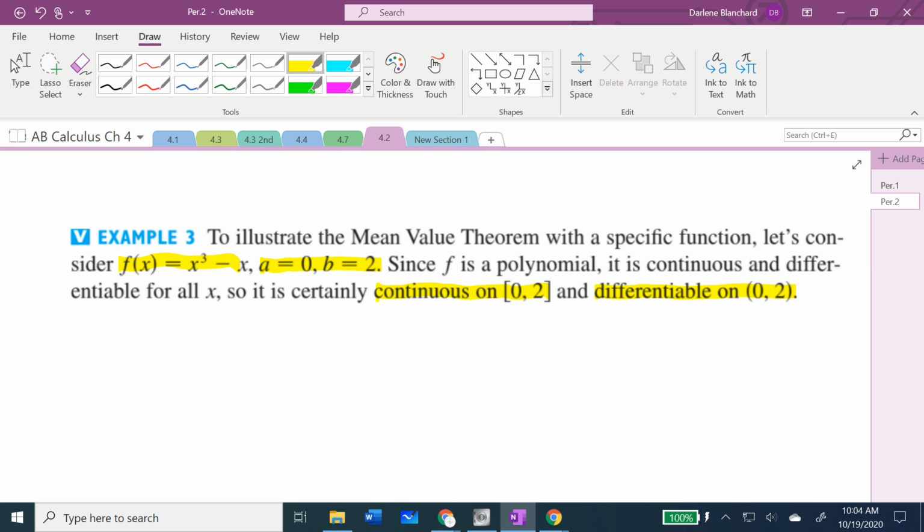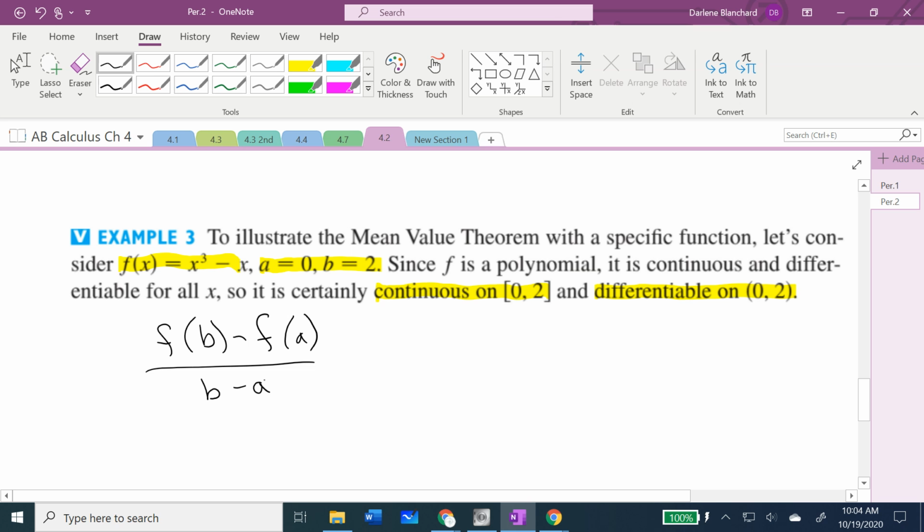Then you need to find the average slope, or slope between the endpoints. To do this, I need to plug 2 into my function, so that's going to give me 6. When I put 0 in, I get 0.